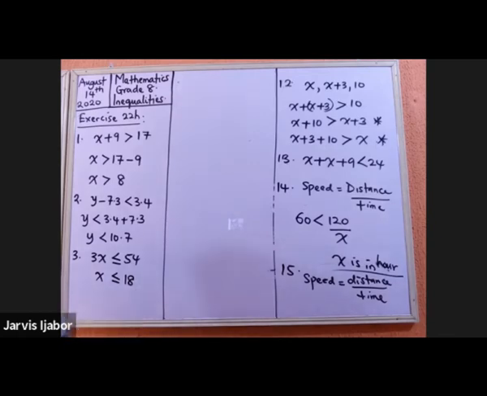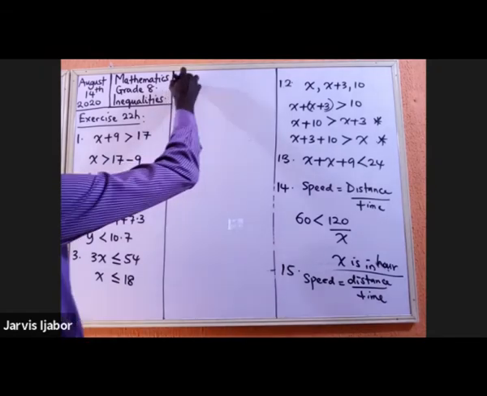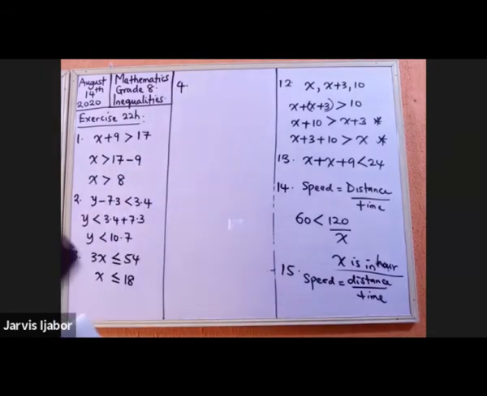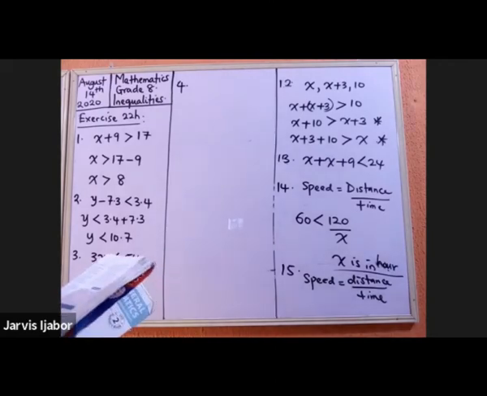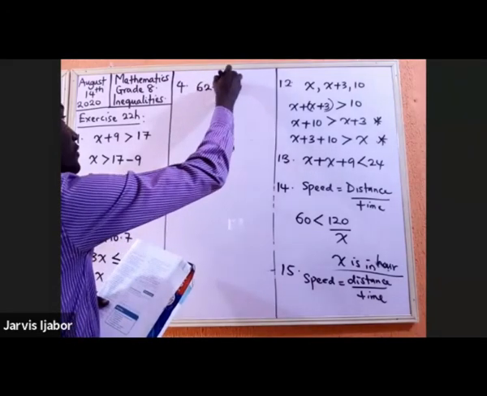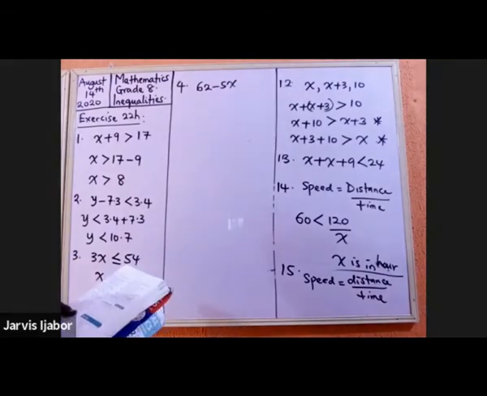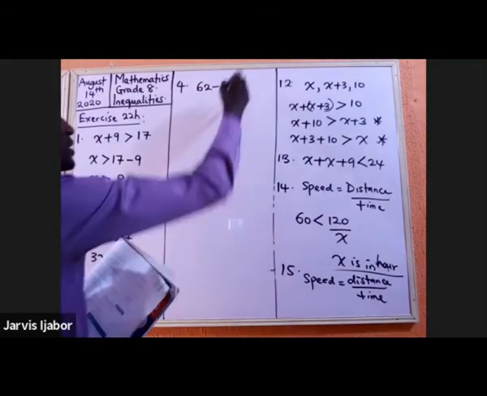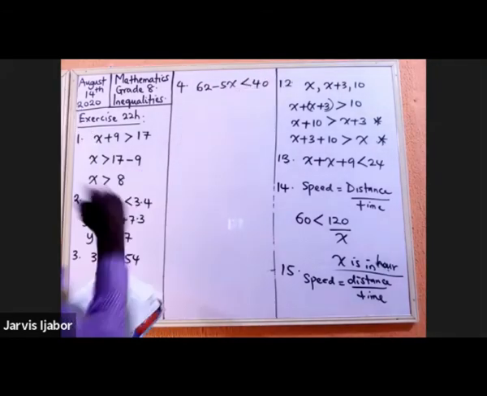Good. That settles that. Please read the questions very well, because not in all the questions you're required to do this. In question 4, 5 times a whole number x is subtracted from 62. So 62 minus 5x. The result is less than 40. What is the number?